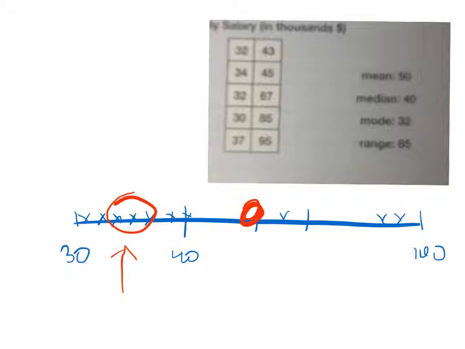So again, this would be an answer that you would give as a sentence, and they're asking how might it be misleading. You would say the mean is not an accurate representation because only a couple of people are actually in that area. These people up here, most people are in this area, so it's misleading.